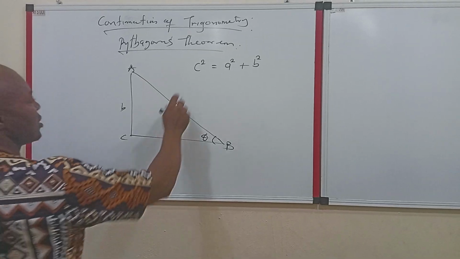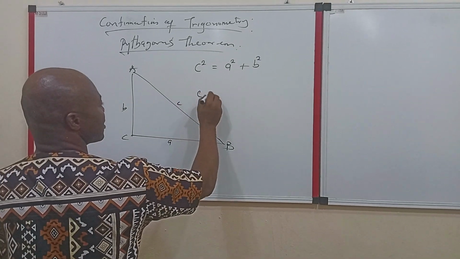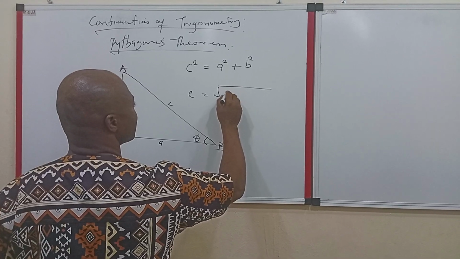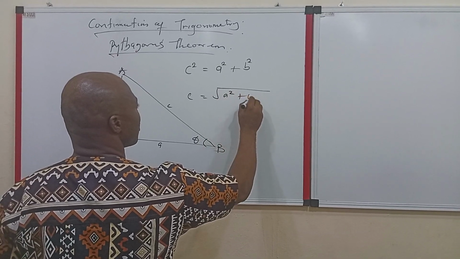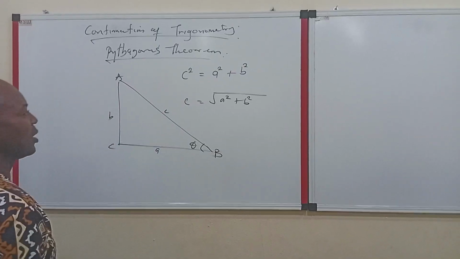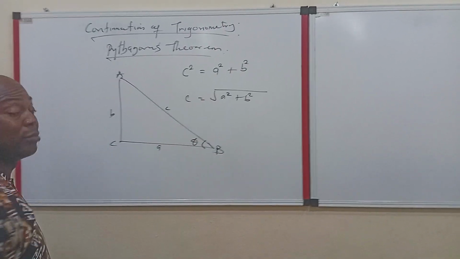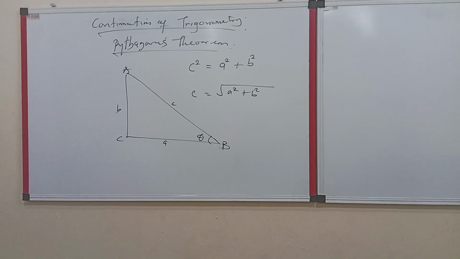Now, making C the subject, you have C equal to the square root of A squared plus B squared. In like manner, you can also make A the subject, or make B the subject.